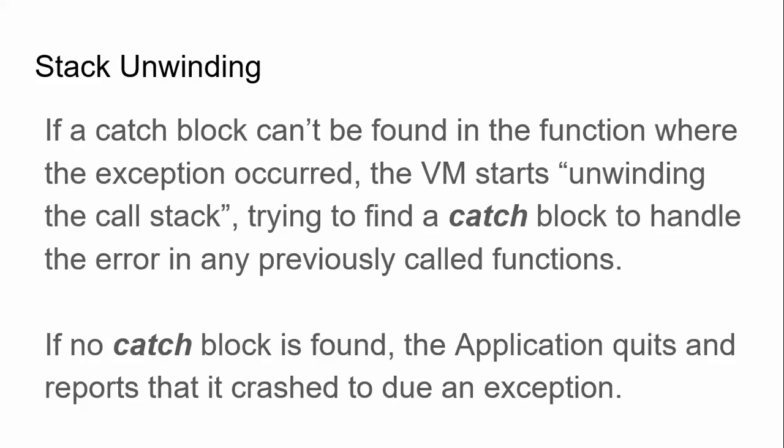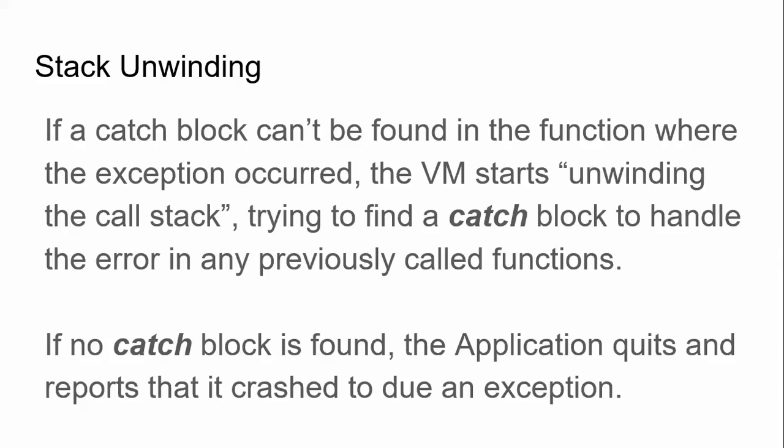Now, the more interesting case is what happens if function 1 calls function 2, calls function 3, calls function 4, calls function 5, and function 5 throws an exception. Well, what happens if function 5 doesn't have a catch block and function 4 doesn't have a catch block and function 3 doesn't have a catch block, but function 2 does have a catch block? Well, what happens is the .NET runtime will start unwinding the stack.